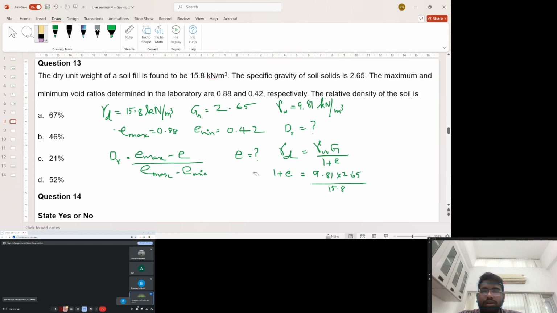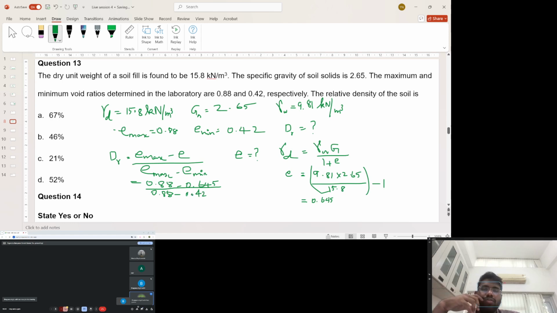Now if you take this entirely minus 1, how much are we getting? 0.645. Now substitute here: 0.88 minus 0.645, divided by 0.88 minus 0.42.